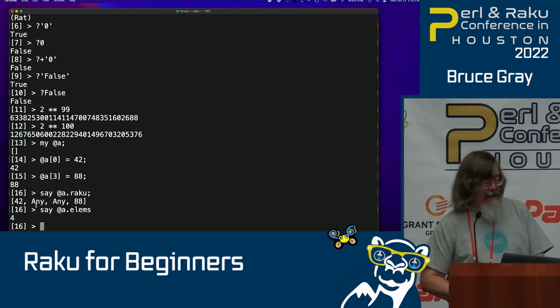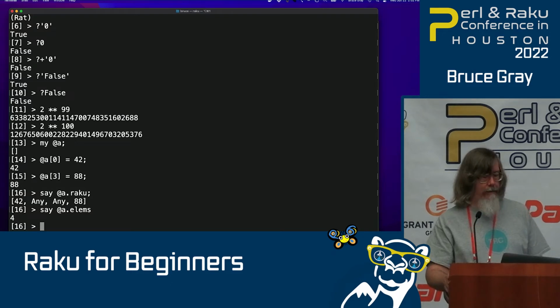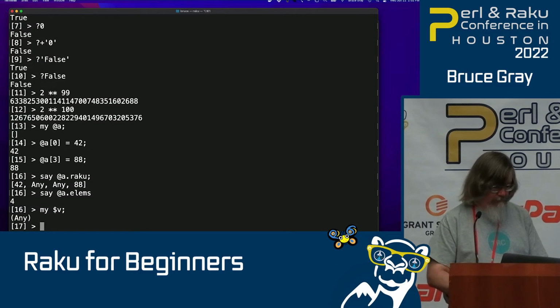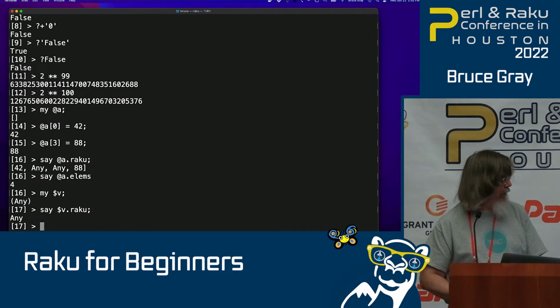What's in there is any, which is sort of like what we used to call undef in Perl. I say sort of because I know it just said it's any, but I want to be explicit. I didn't say that earlier.